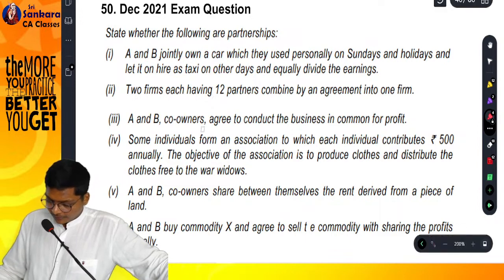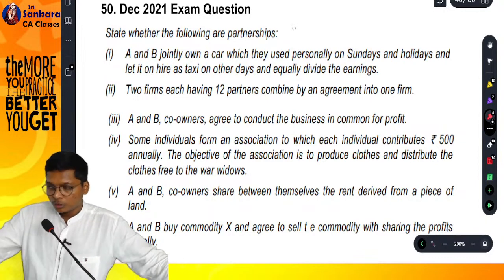Question number 50. Whether the following is partnership or not.